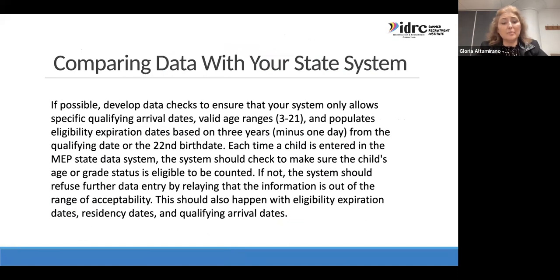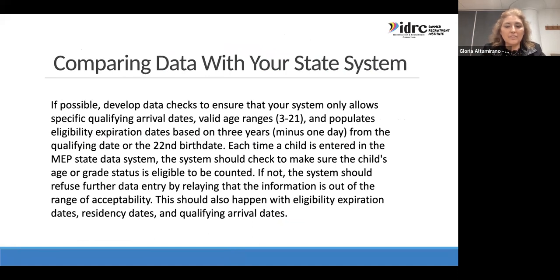And then, like I talked about before, you want to make sure that you're comparing your data with your state system. So anything that you see in M6 should match what you have in your state database, making sure that they're between the valid age ranges of 3 through 21.